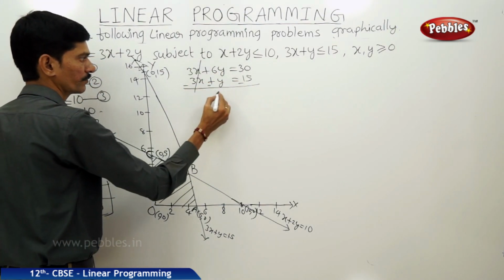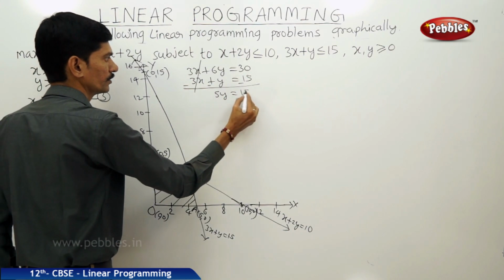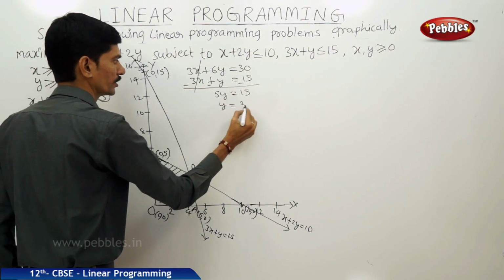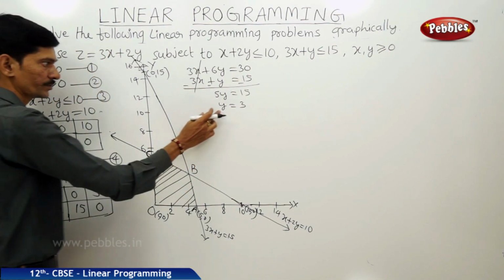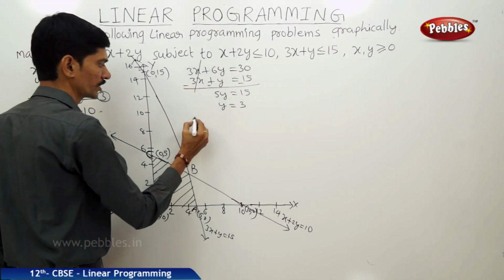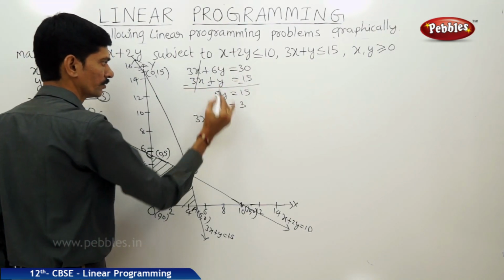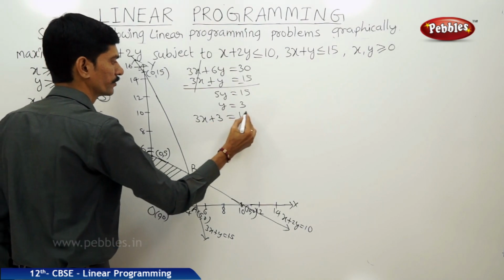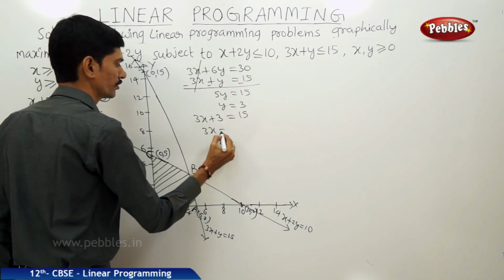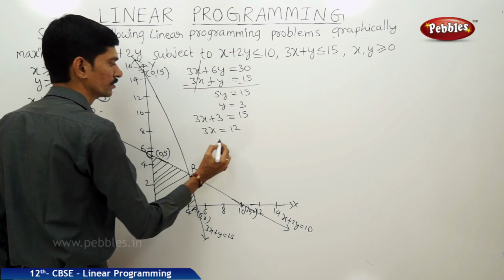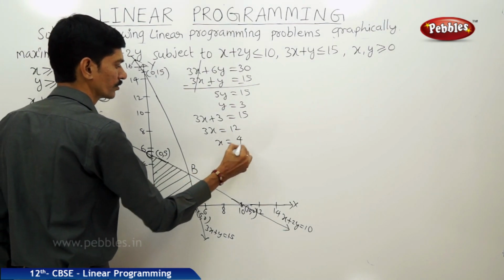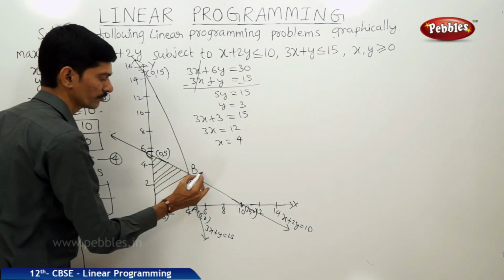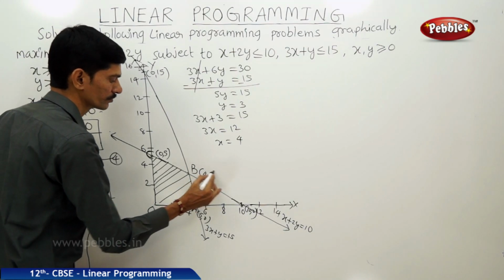Six y minus y, 5y equal to 15, y equal to 3. Now let us substitute y value 3 in this equation. 3x plus y value is 3 equal to 15. 3x equal to 15 minus 3, 12. Then x equal to 4. So this vertex is 4 comma 3.